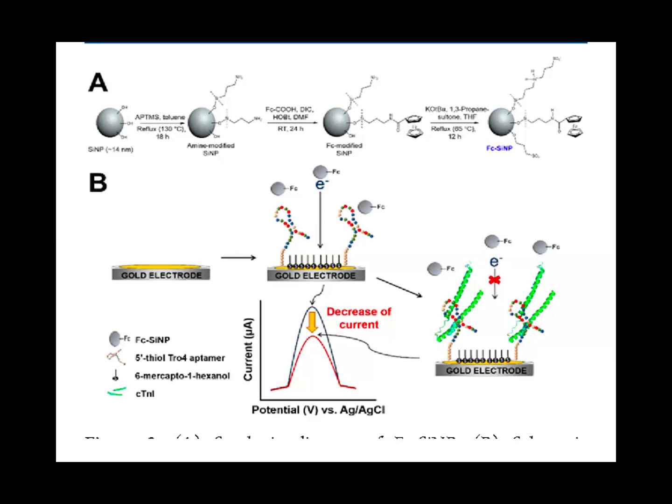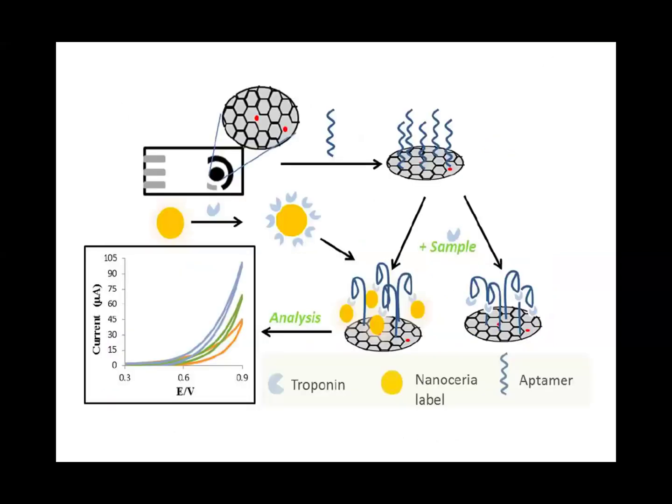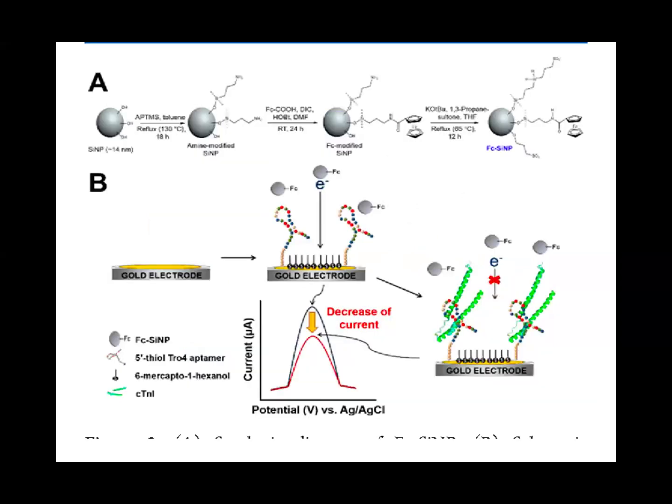I think I have discussed how aptamer works. It is a folding oligonucleotide that reacts with the analytes. So now how do you tag the process? How do you label?